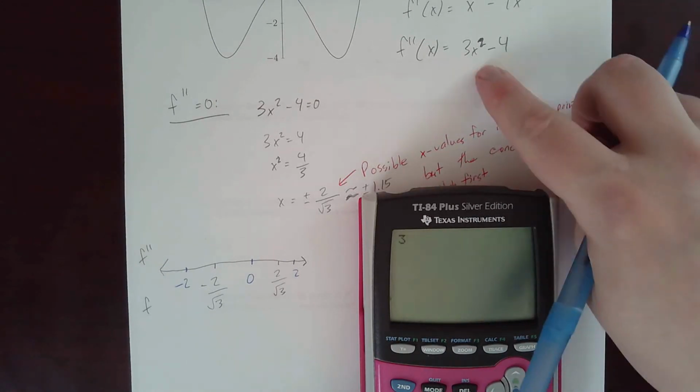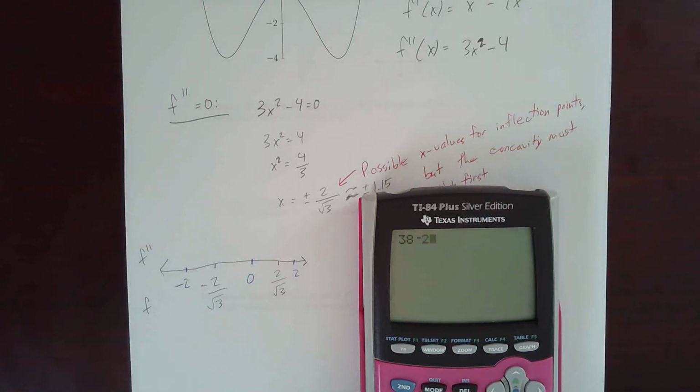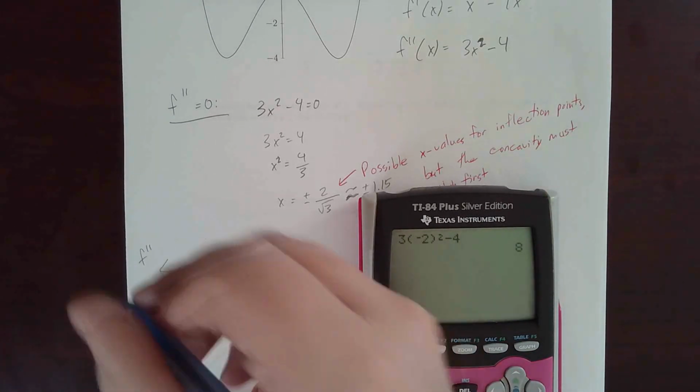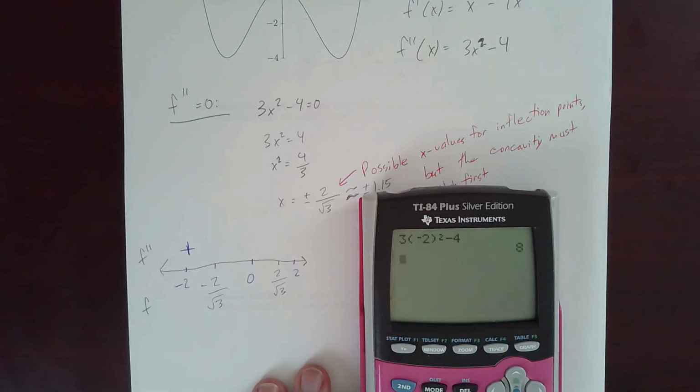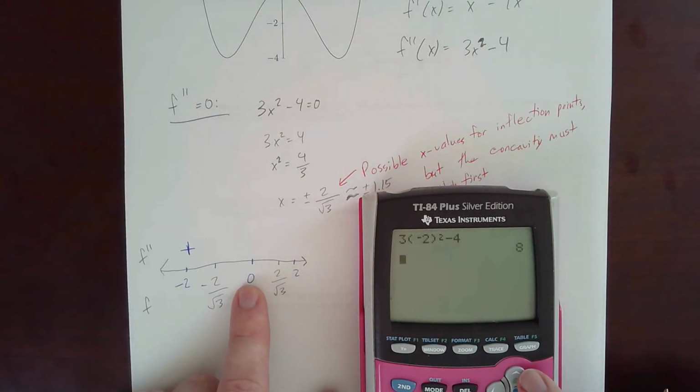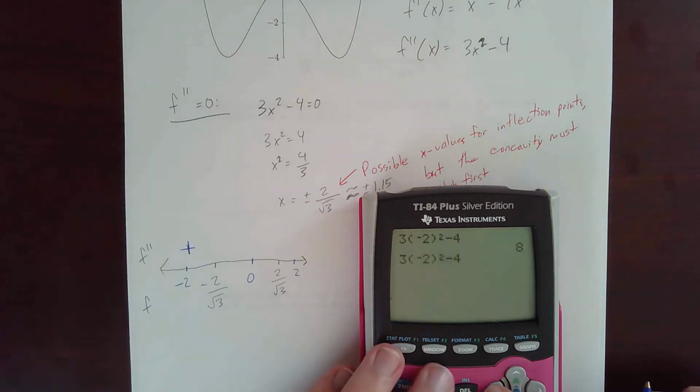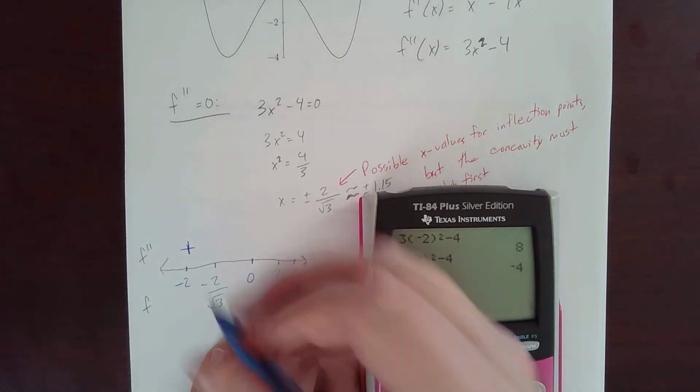So 3 times -2 squared minus 4, after we fix the typo, will be 8, which is something that is positive. If we go ahead and plug in 0, this will instead give us -4, which is negative.